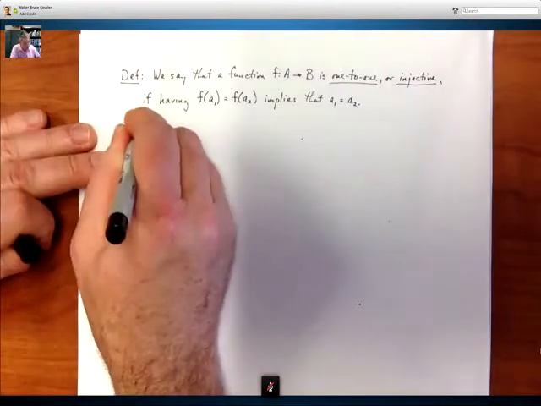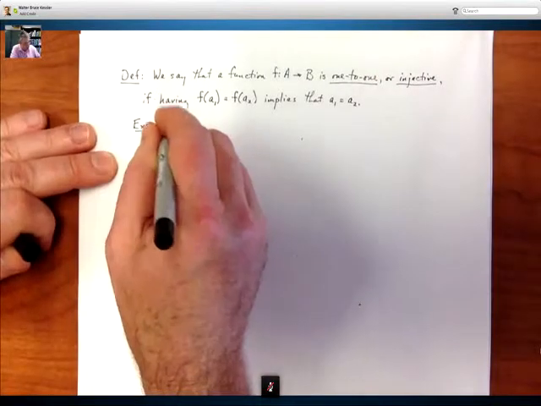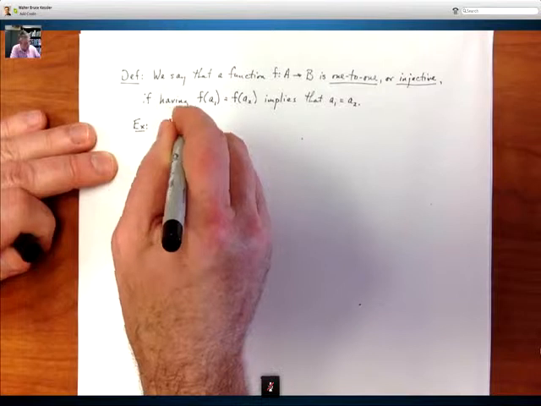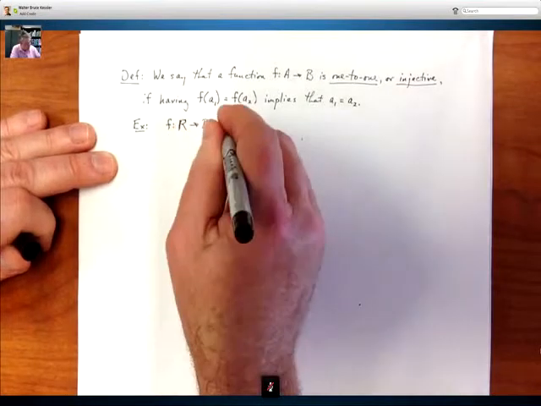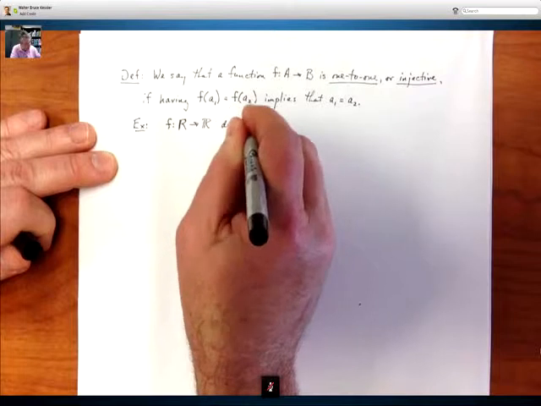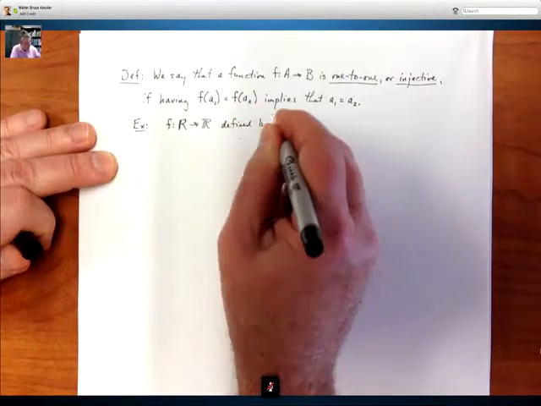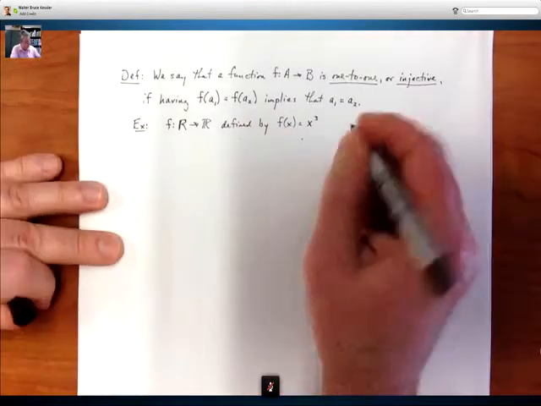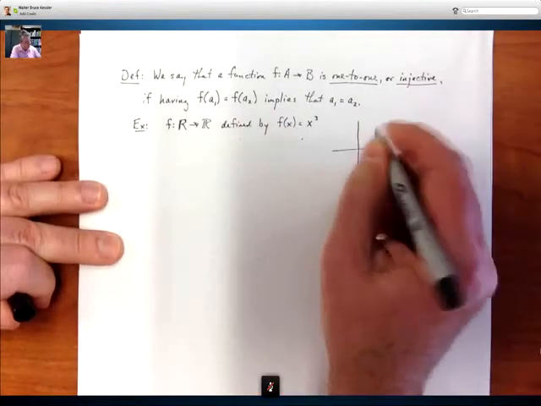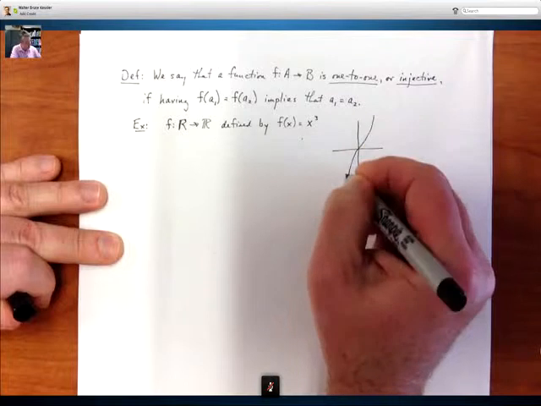And again, if you'd like an example, let's go back and look at our buddy f from the reals to the reals defined by f of x equals x cubed. You think about this.